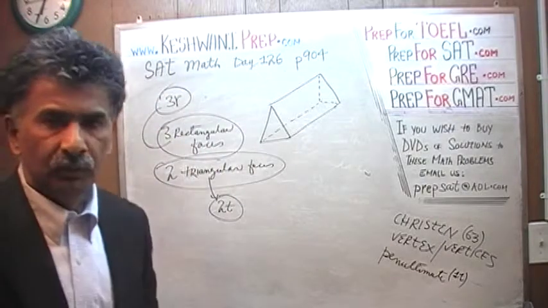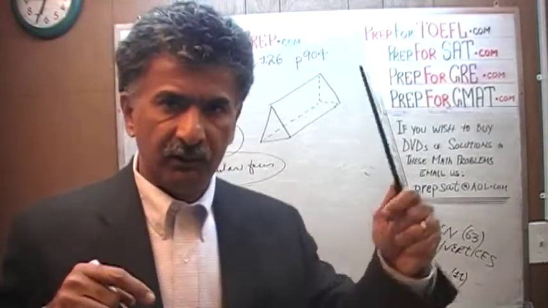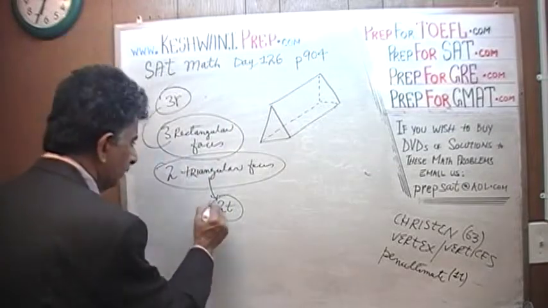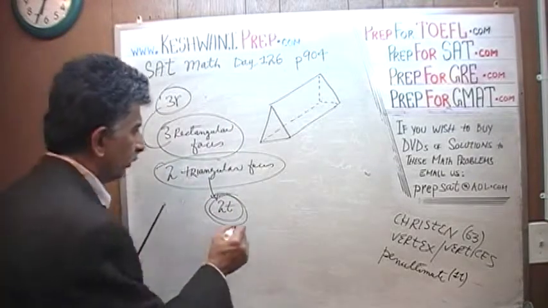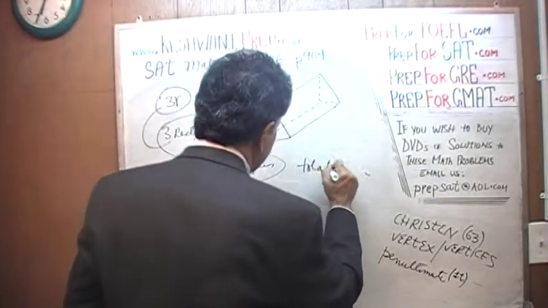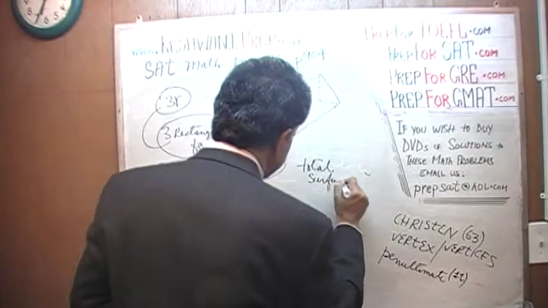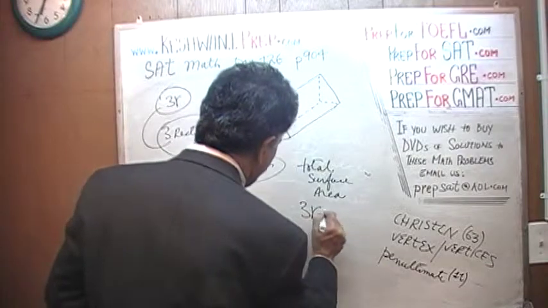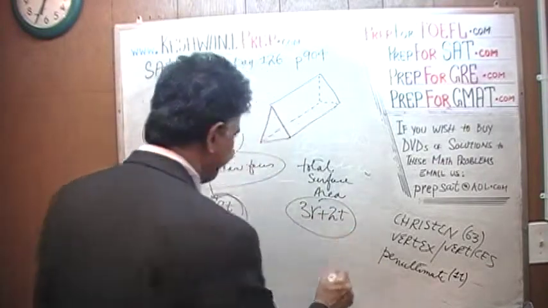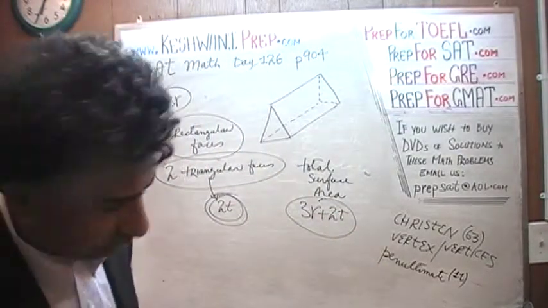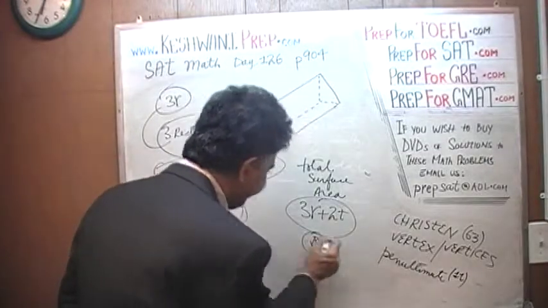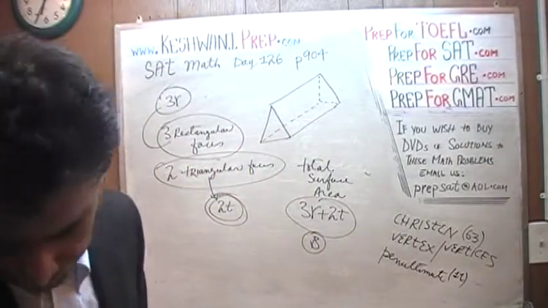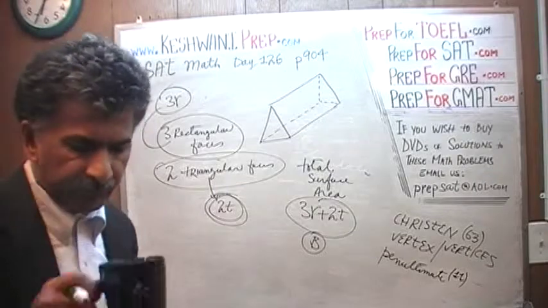Similarly, we have 2 triangular faces, one in the front and one in the back, and they will add up to 2 times T. And therefore the total surface area is going to be 3 times R plus 2 times T. And that's answer choice B.